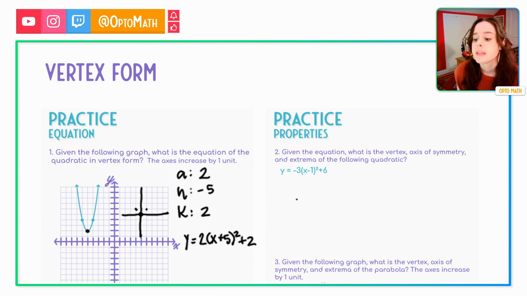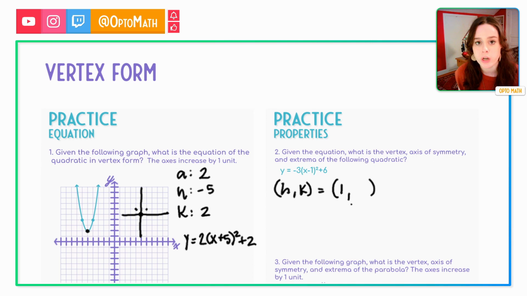Number 2, given the equation, what is the vertex, axis of symmetry, and extrema of the following quadratic? Okay, the vertex is going to be (h, k), so I'll go ahead and set that up. So h equals the opposite of what's being added or subtracted to the x, so instead of a -1, it's a +1.